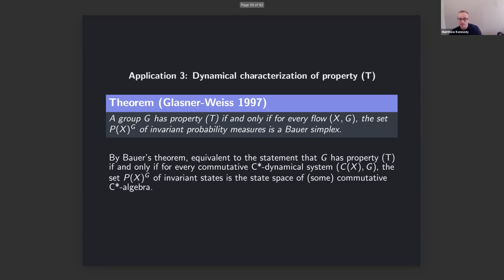Now, by Bauer's theorem, this is equivalent to the statement that G has property T if and only if, whenever it acts on a commutative C-star dynamical system, or on a commutative C-star algebra, the space of invariant states is actually the state space of another commutative C-star algebra.